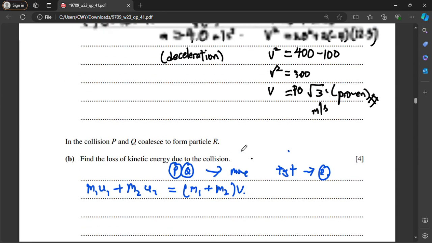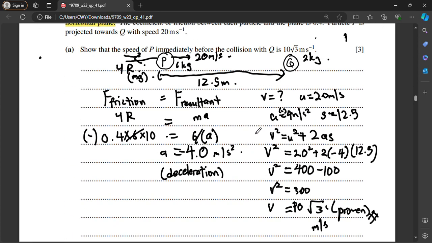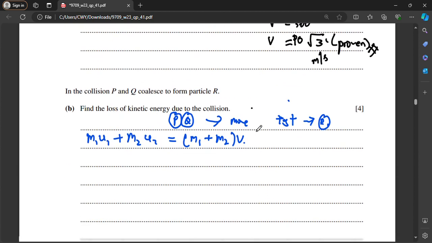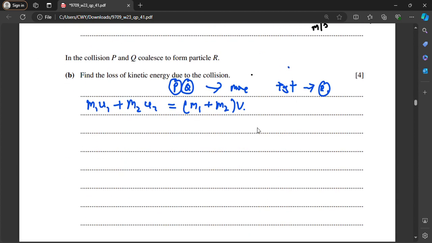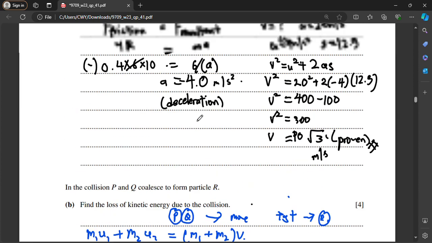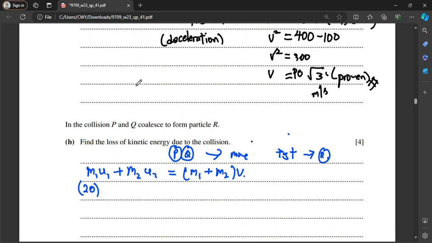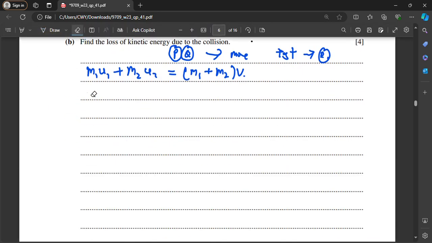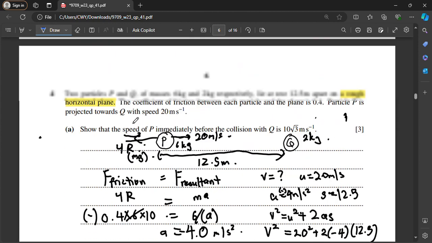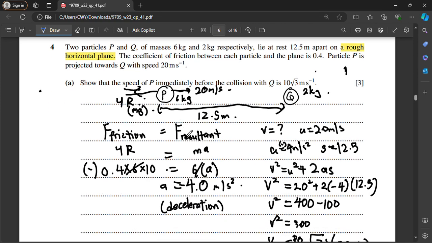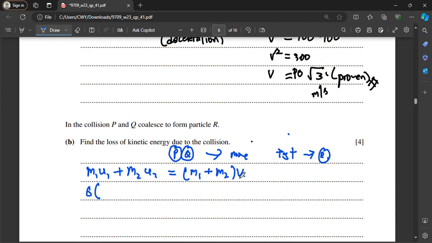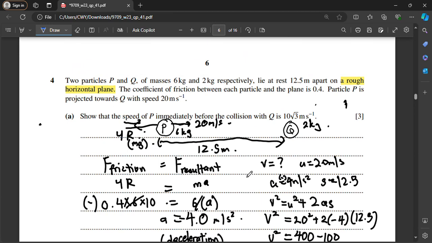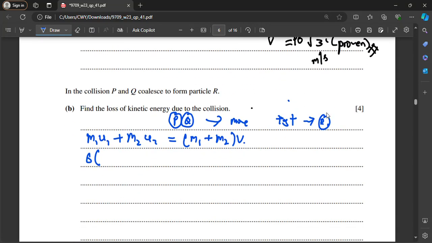Alright, let's start. So m1 is 6, and because it's resting, this is the initial velocity. Final we don't know, we have to find v. My initial is 20 because it says particle P moves with 20.